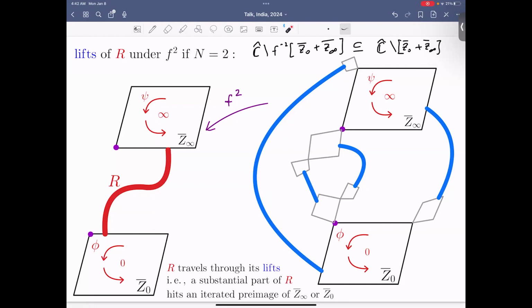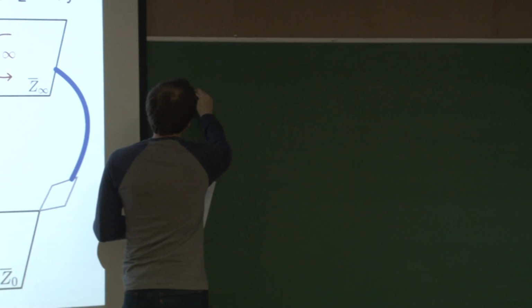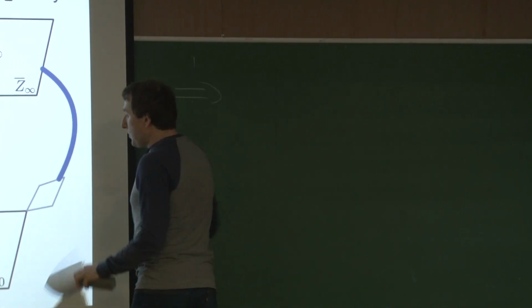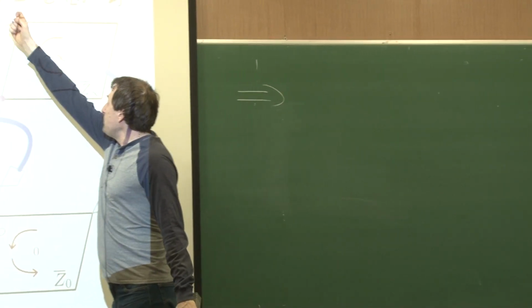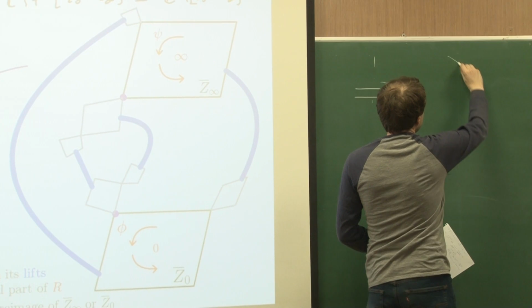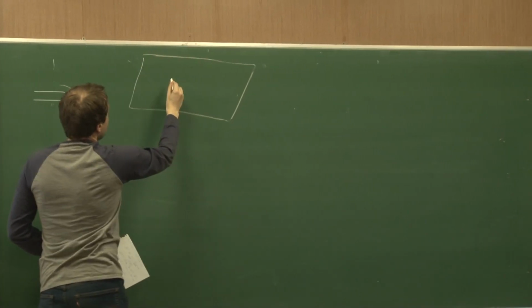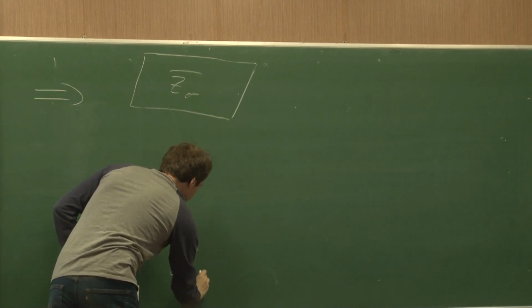Well, now we can use it. Let me try to say more words. By analyzing such a picture, we can claim that a substantial part of R hits one of the preperiodic bubbles. So if this is R, and this is the infinity, this is the node.